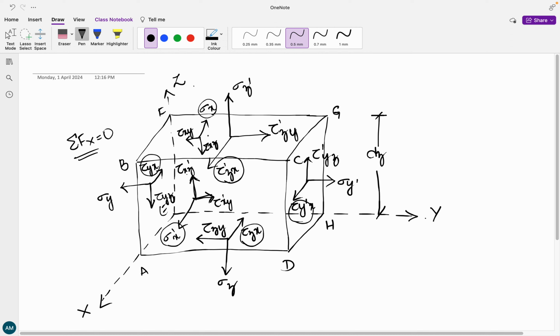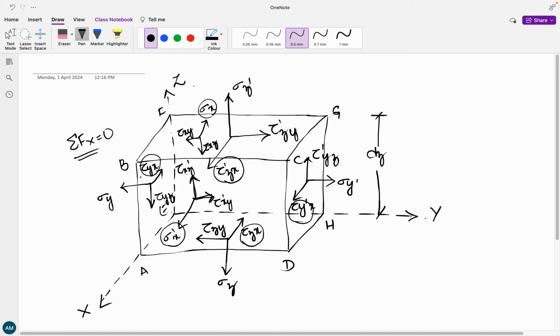So let us start from the behind face. The behind face, that is E, F, G, H. On that particular face, we have minus sigma x. On the front face, A, B, C, D, we have sigma x dash. Then bottom face A, E, H, D, we have tau zx.